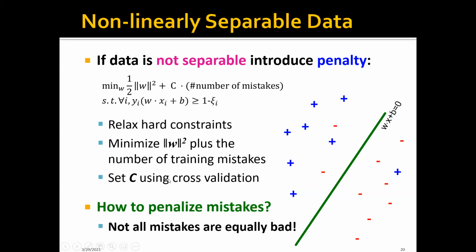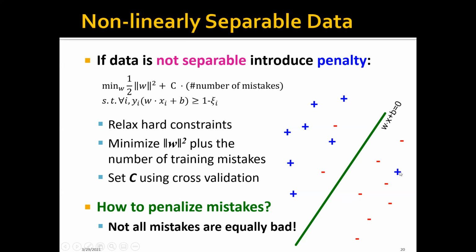Now, one natural question is how do you penalize mistakes? Because if we penalize mistakes this way, then you're basically saying that all mistakes are treated equally. But actually, that's not right. Not all mistakes are equally bad. For example, if you look at this positive example, it's actually far away from this decision boundary.